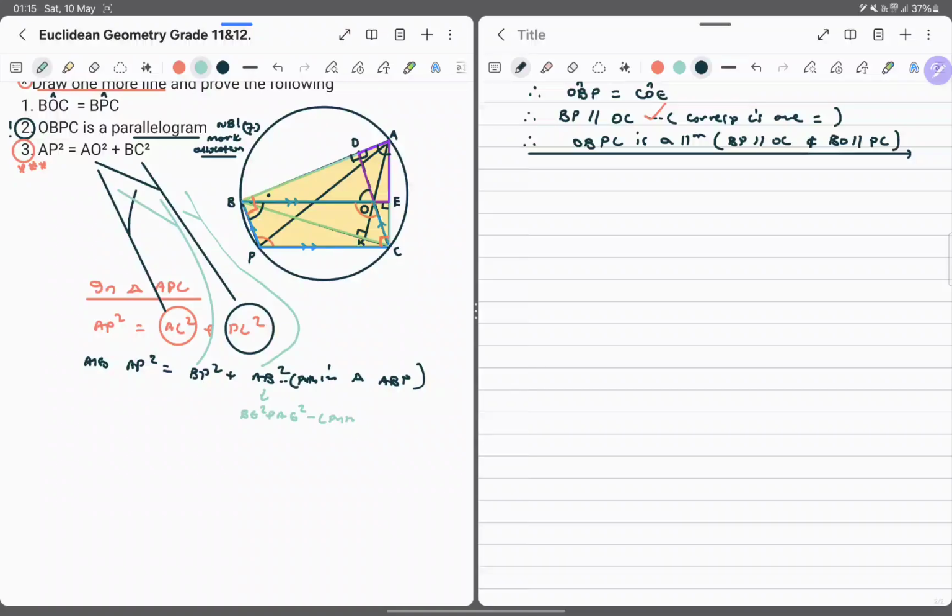This is Pythagoras in triangle ABE. Okay, we're getting somewhere, I hope. Now, there's this dude. How do we deal with this? Because even this one is nothing close to what we want.